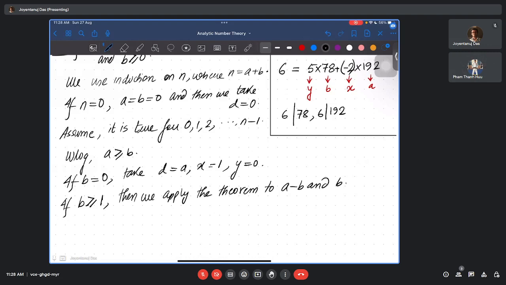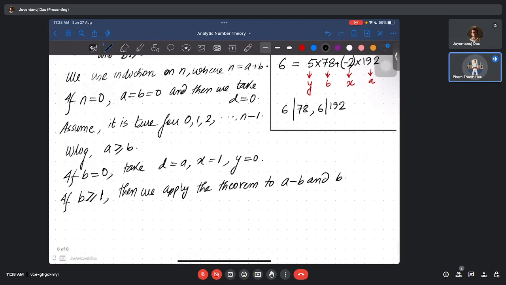Because A minus B plus B is less than n, right? So now we can apply it. Then how will it help? A minus B and B.